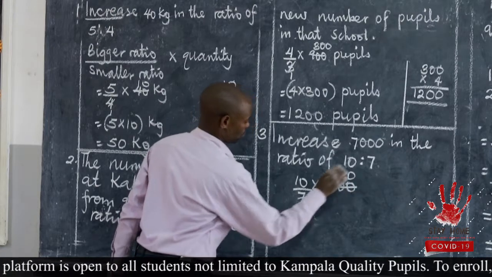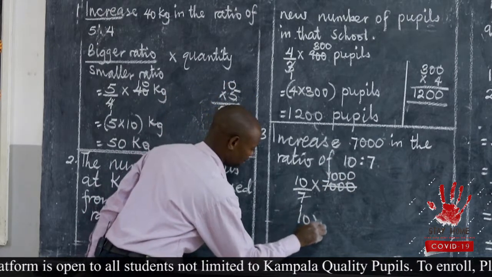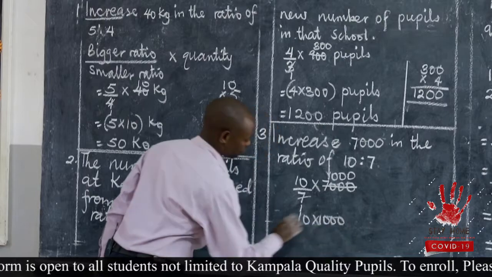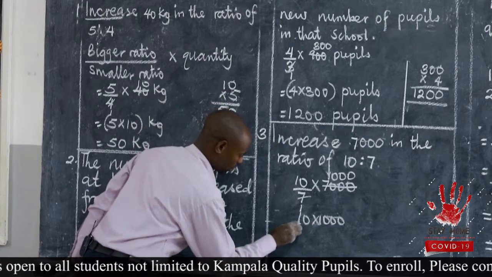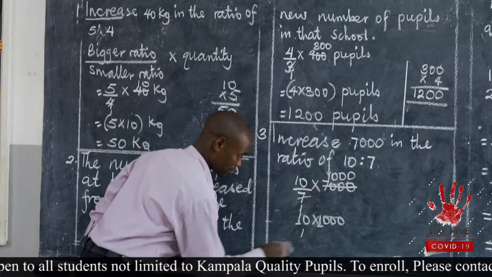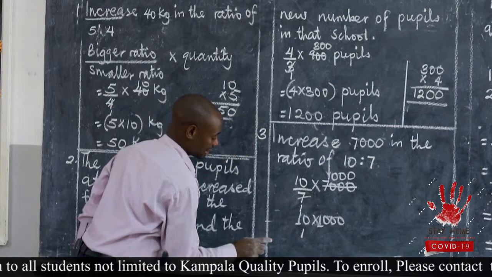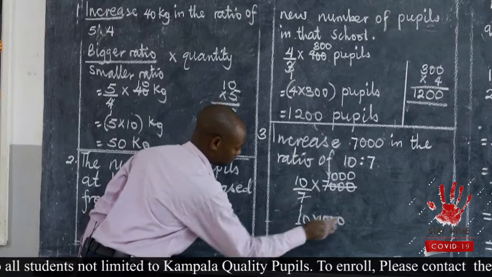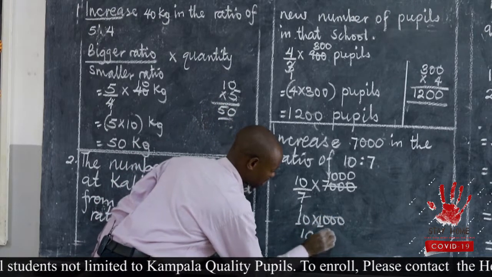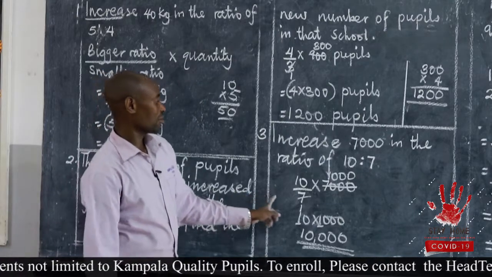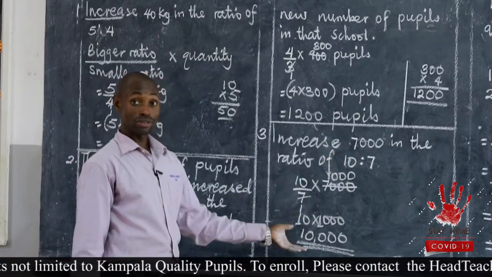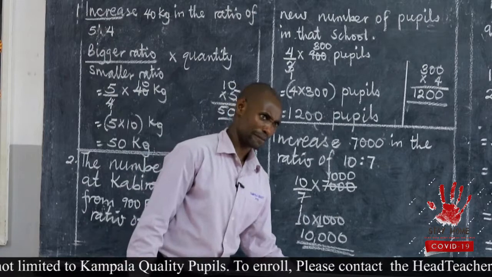It is 1,000. So we have 10 times 1,000. And 10 times 1,000, what do we get? You get 1 times 1, which is 1. Then you add on the zeros given, 1, 2, 3, 4. So we are getting 10,000. So our number has increased from 7,000 to now 10,000.